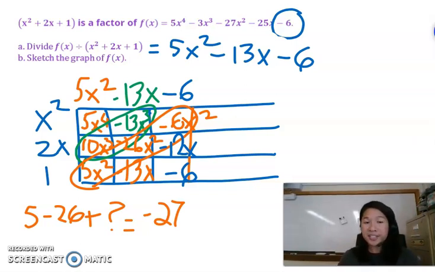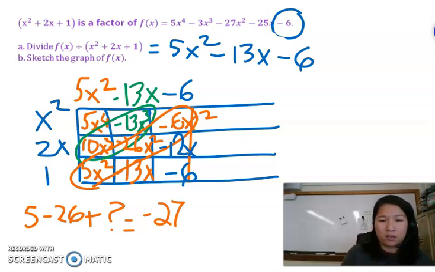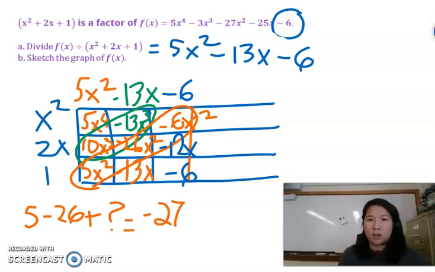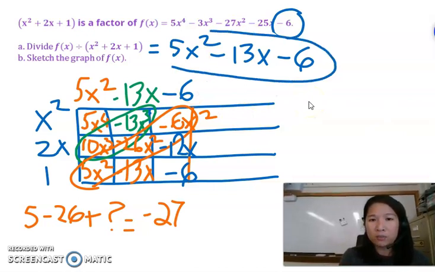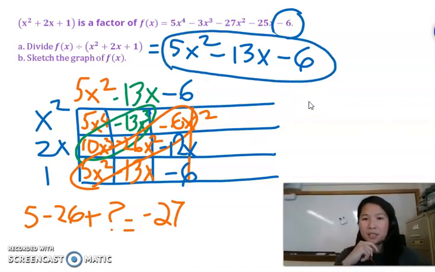In order to sketch the graph, we need to write f of x as a product of linear factors. So how do we do that? We found the other factor to be 5x squared minus 13x minus 6.